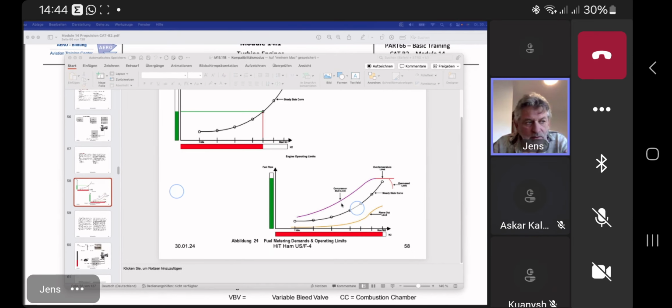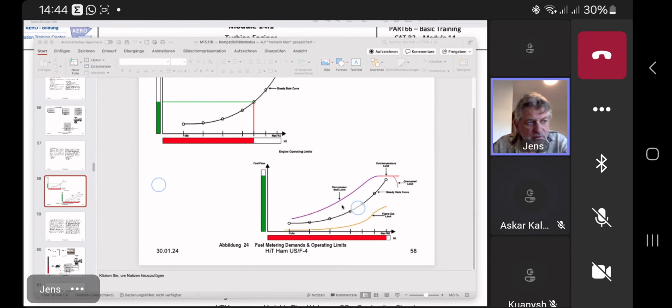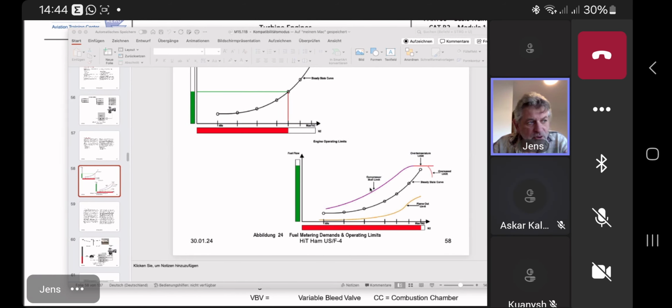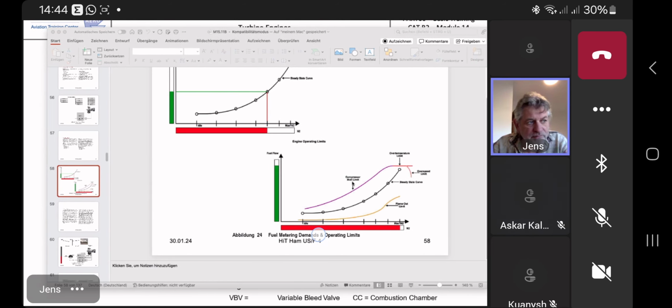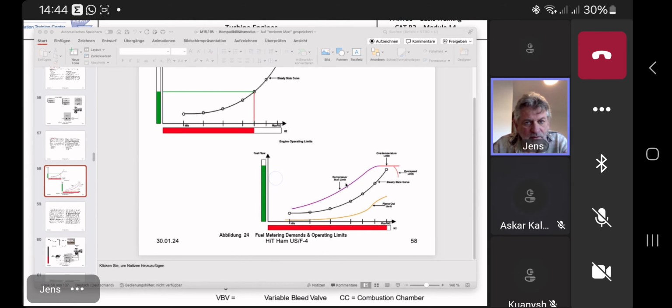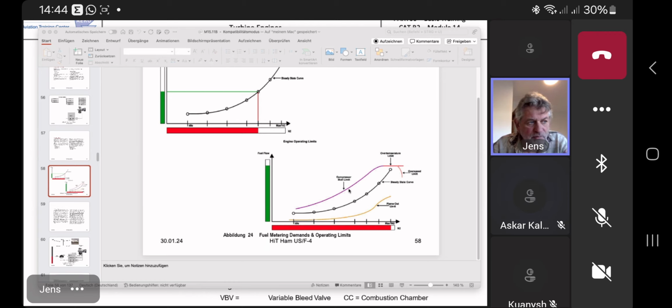And here it also has to make sure that there is always a certain gap to the surge line. You know that after stall comes surge. First we have the stall and then comes surge. So there must be a certain distance, and also a safety distance, this gap here, in order not to destroy the engine.